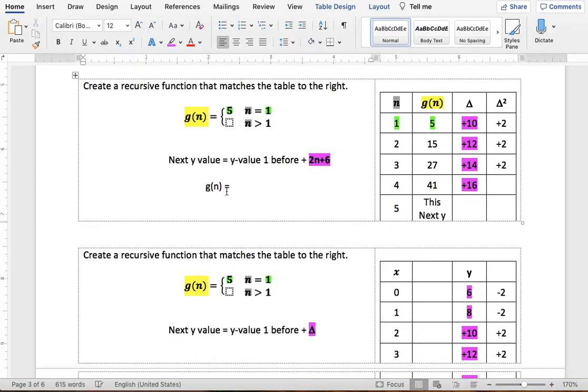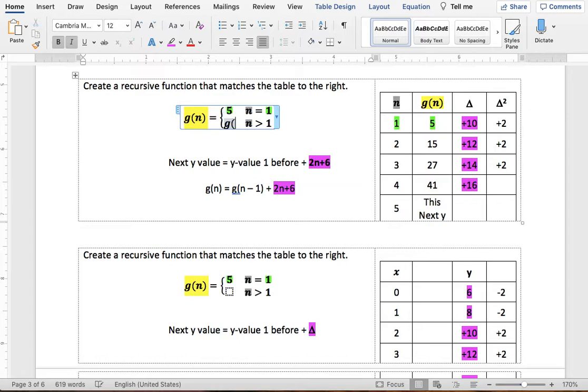G of n is equal to our previous g of n plus 2n plus 6. There you go. And there we have it.